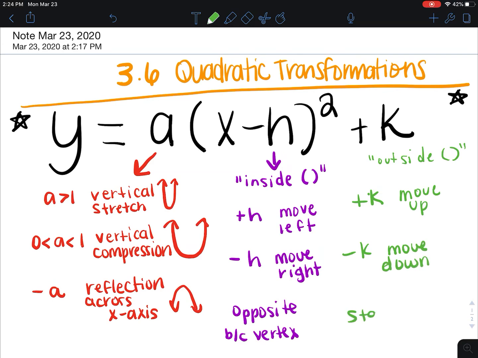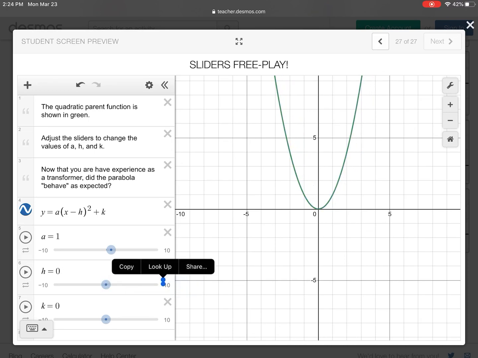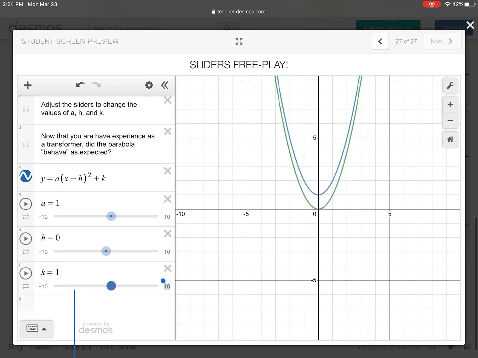This is not opposite or anything. It stays how it should. Positive moves me up, negative moves me down. So if we look, we'll take this H back down. If I change the K to a positive, it's moving the graph up. And if I change it to a negative, it's moving the graph down.